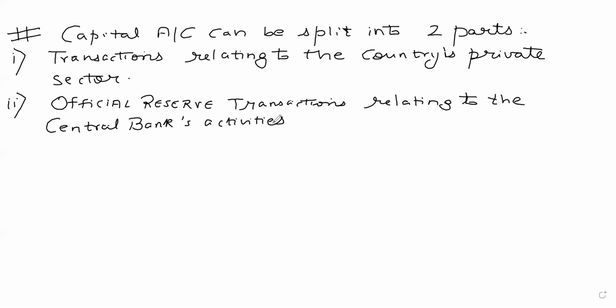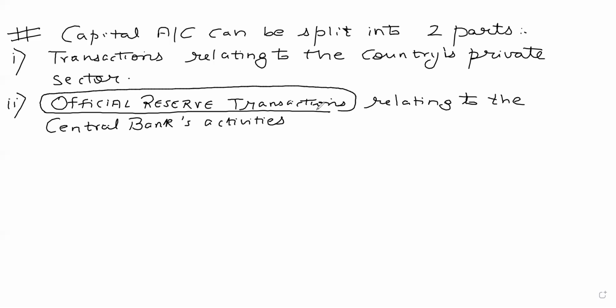So those transactions which correspond to buying and selling of assets by the private sector of the economy are the first part, and those transactions relating to buying and selling of foreign exchange by the central bank are a part of the official reserve transactions. So official reserve transactions relate to those transactions pertaining to buying and selling of foreign exchange by the central bank of the economy. I can write one more line: official reserve transactions come within the capital account only.